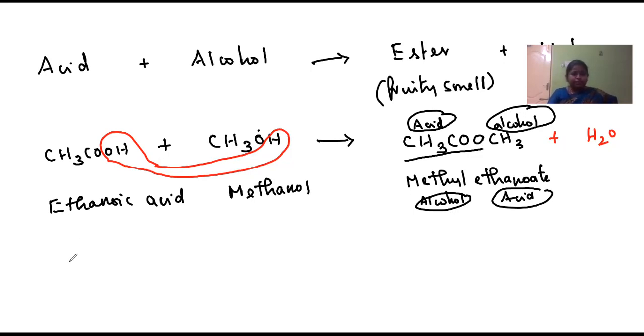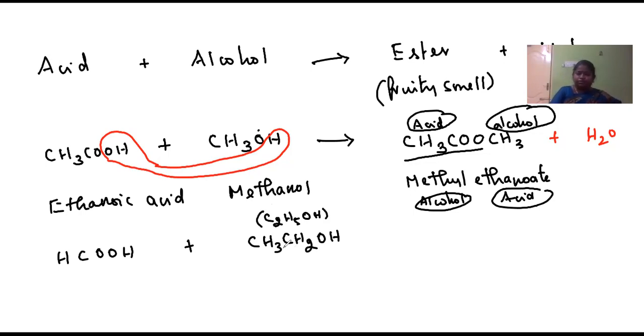Shall I give one more example? For example, if it is methanoic acid, I'll write it like this. Methanoic acid is HCOOH. When methanoic acid reacts with ethanol, CH3CH2OH, or C2H5OH, you can write anything, but always prefer the structural formula, okay?